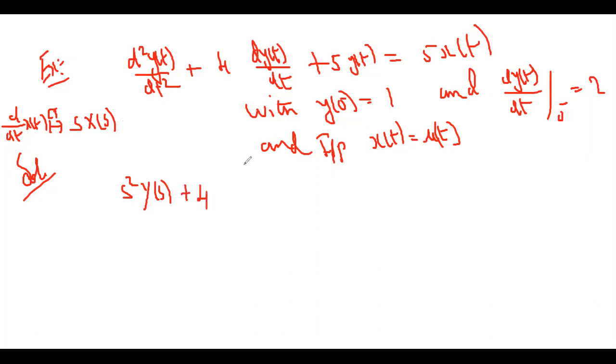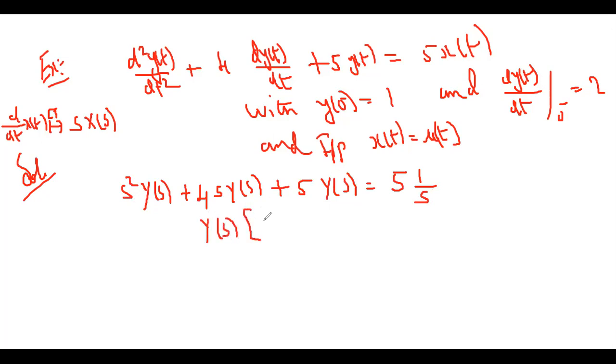Plus 4 into dy of t by dt is s into y of s, plus 5 into y of s is equal to 5 into x of t. What is the x of t given? Mu of t, the Laplace transformation is 1 by s. Take the term here, y of s is common.